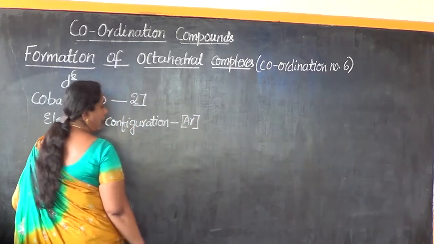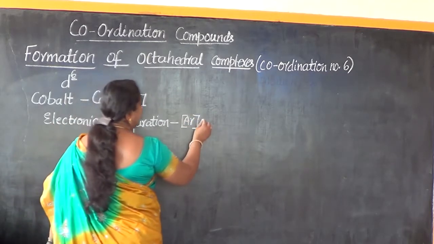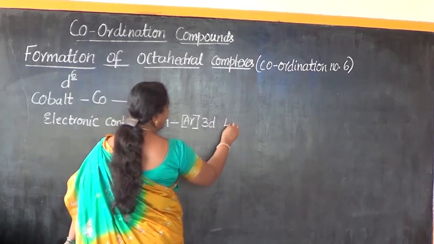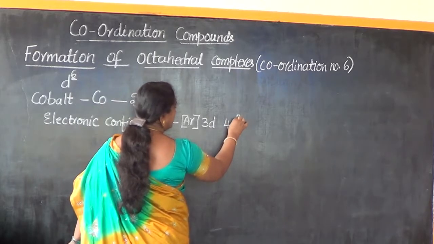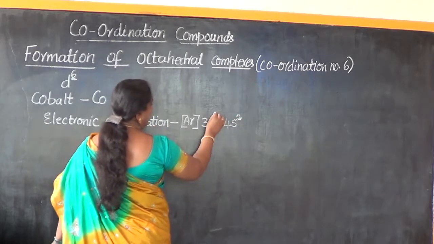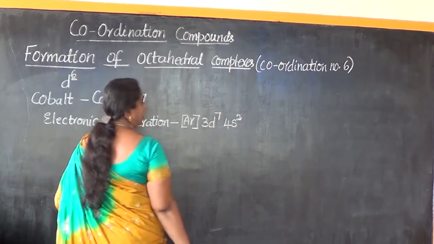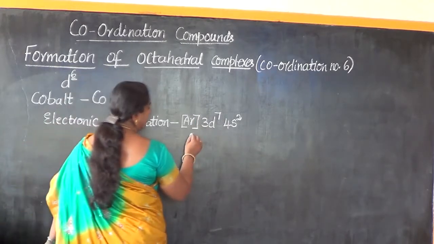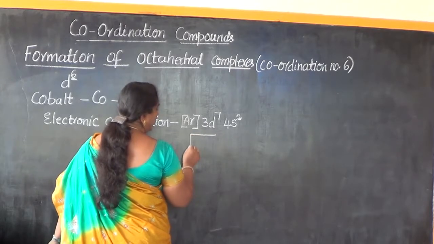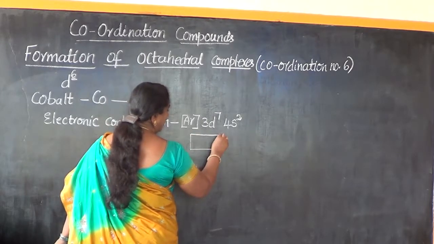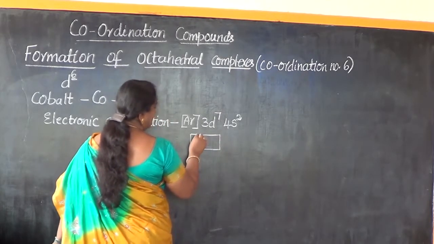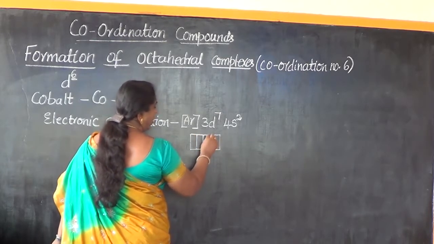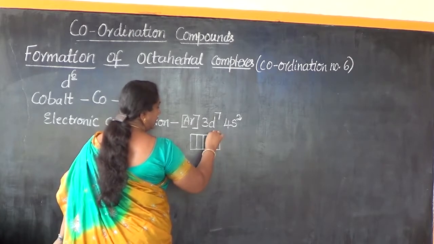It's going to be argon followed by 4s2 and 3d7. Now let us write its orbital structure for d and for the s orbitals. As we know, there are 5 orbitals of d.